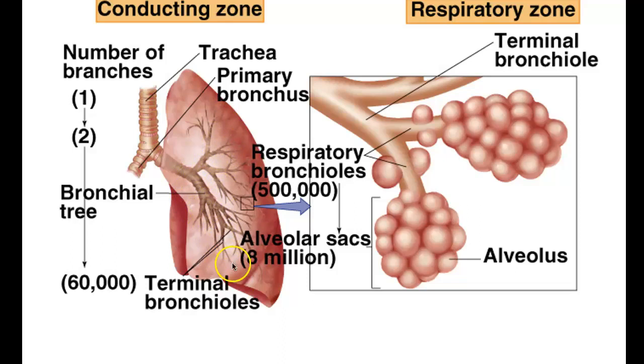With terminal bronchioles and alveoli at the end. So alveolar sacs are about 8 million per lung. Okay. And the alveoli, we said, were the actual respiratory zones. Here's where you can actually transfer oxygen and carbon dioxide, in the alveoli, or in the alveolus, right? Singular. So it's alveolar sacs, like bunches of grapes all around here at the end of these terminal bronchioles.